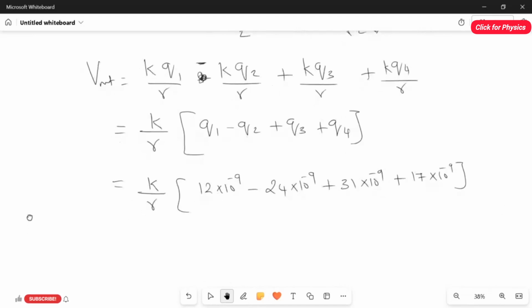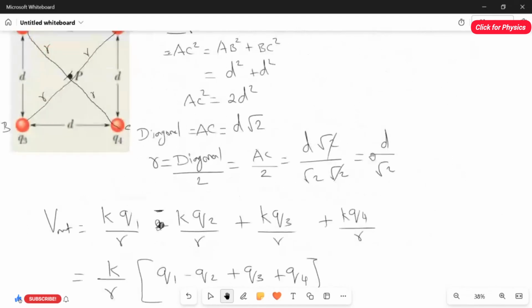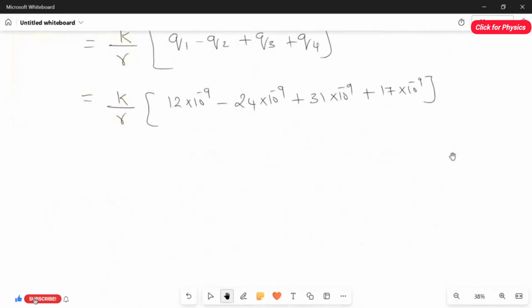Now let's substitute the value of R, because we found R as d over root 2 in the previous part. If you substitute it here, root 2 K over d will come, because the root 2 will come to the top.